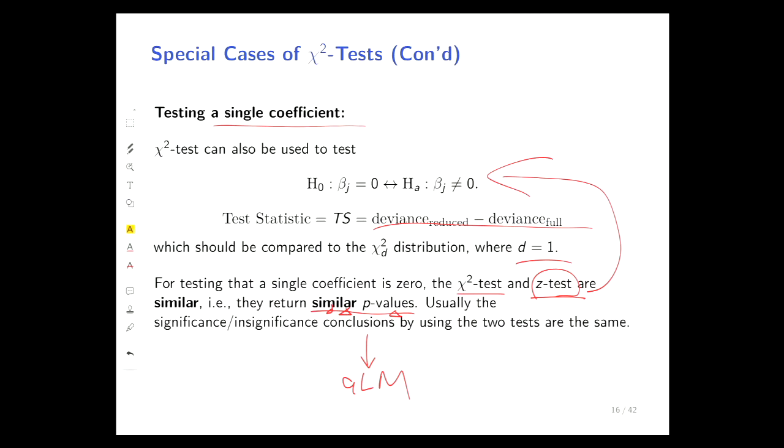When we use the chi-square test to test a single coefficient, even though we have a different test statistic and a little bit different, very similar p-value, we should have exactly the same result as the z-test, because they test basically the same thing, which is only one coefficient. So that's a brief review.